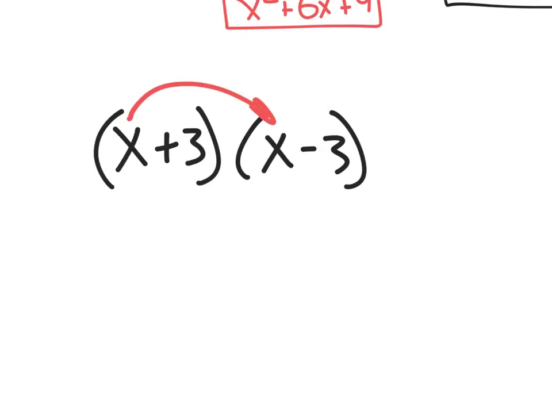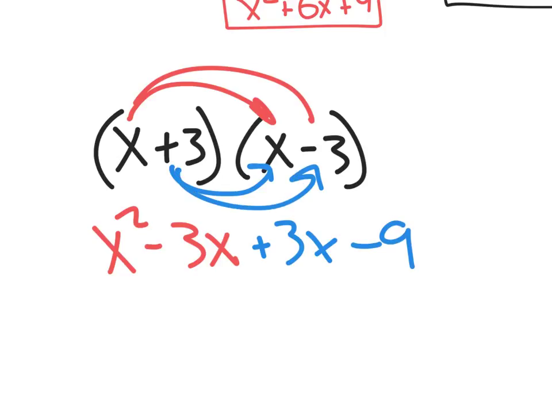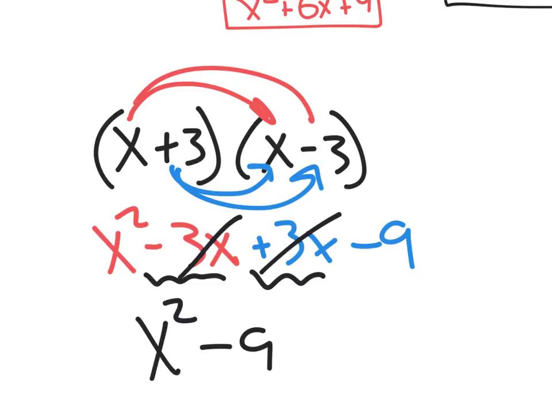What do we get? x squared. x times negative 3? Negative 3x. And then positive 3 times x, plus 3x, and positive 3 times negative 3? Negative 9. So what happens with those middle terms? They combine, which means that one's negative, one's positive. They cancel. Okay? So the answer is x squared minus 9.